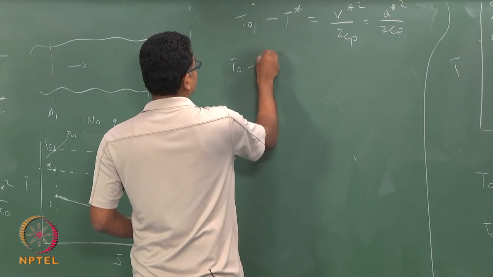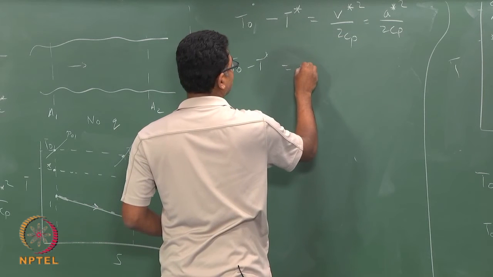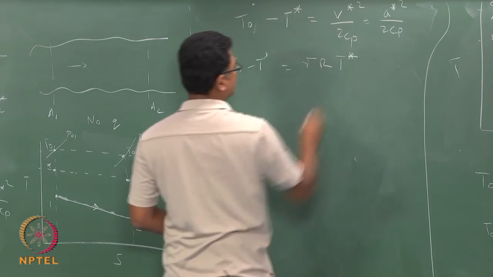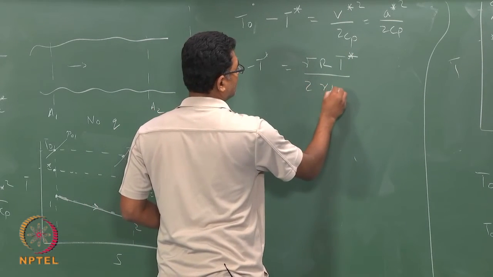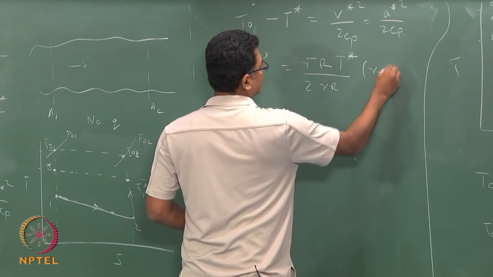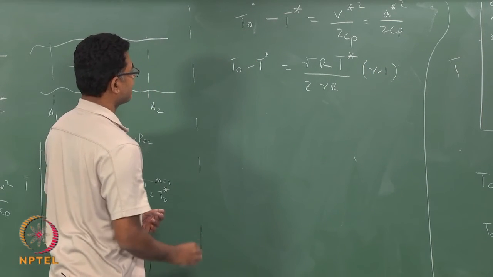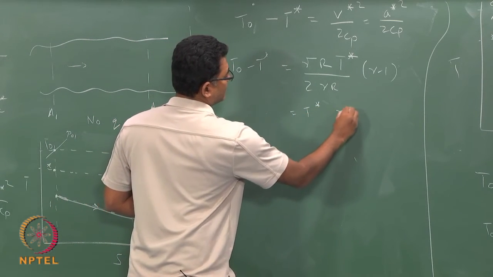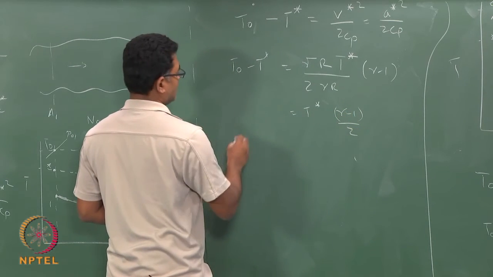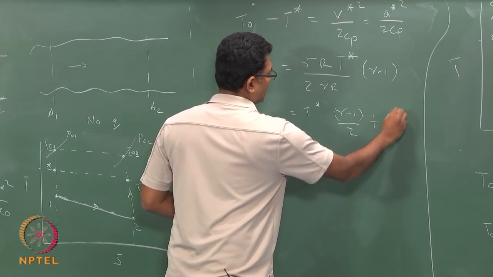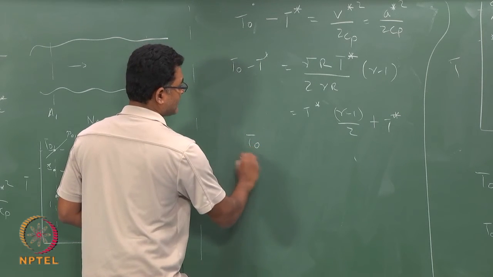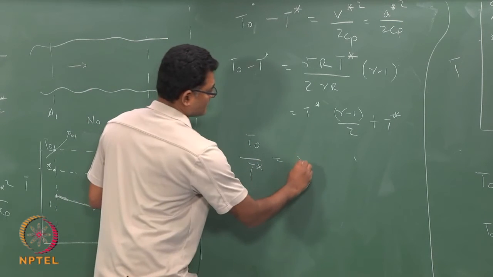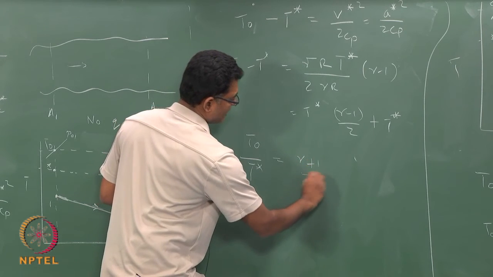So, T0 minus T star, I can replace that with gamma R T star divided by 2 Cp, which is nothing but T star into gamma minus 1 by 2. So, your T0 by T star is gamma plus 1 by 2.